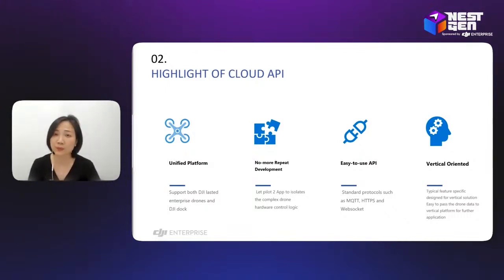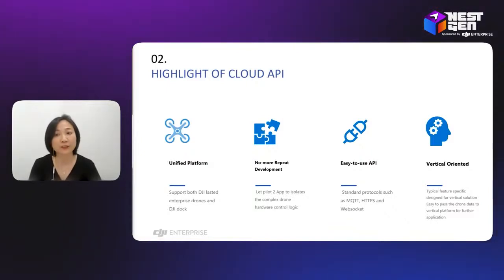In Cloud API, we also designed some typical features that are vertical oriented. And we see it is quite easy to pass the drone data to a vertical platform for further applications.